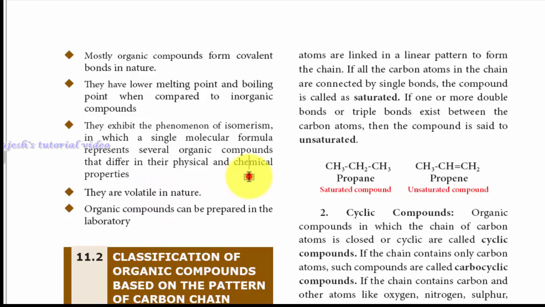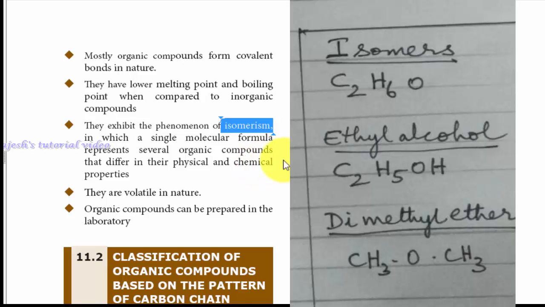They can be prepared in the laboratory, and they exhibit a phenomenon called isomerism. Last year you would have studied that different compounds have the same molecular formula, but different structural formulas, and different physical and chemical properties. They are entirely different compounds, but have the same molecular formula.